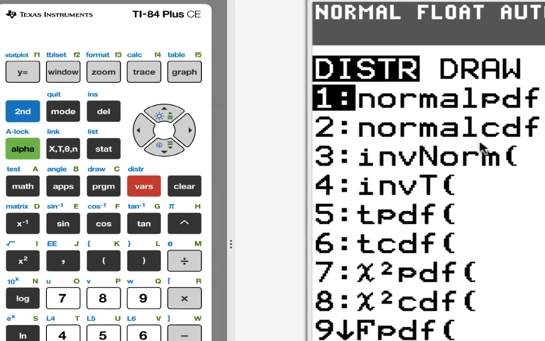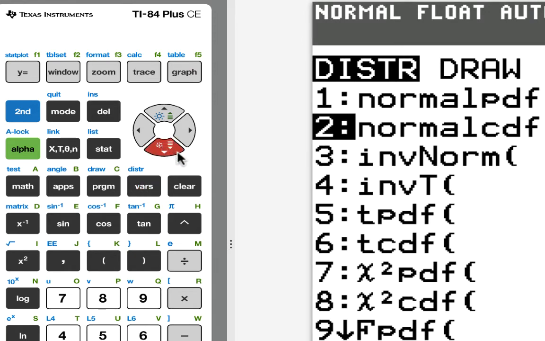You see normal CDF over here, guys. When you click on second and vars, on your window you will see distribution, and then use the cursor keys to take it to number 2 and press enter. Your enter is at the very bottom.